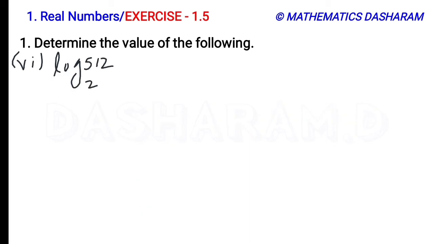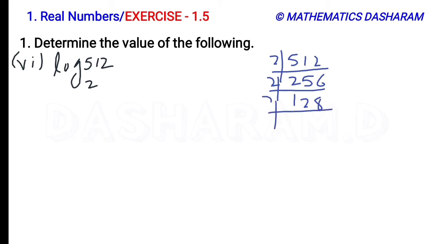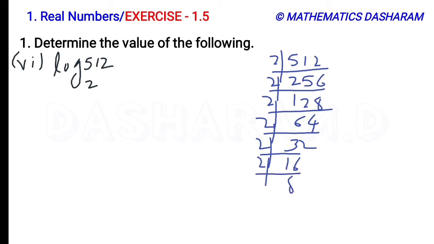Sixth question, log 512 base 2. Here 512 in exponential form: 2 2s are 4, 2 5s are 10, 2 6s are 12, and so on, repeatedly dividing by 2 until we reach 1. So counting 1 2 3 4 5 6 7 8 9.